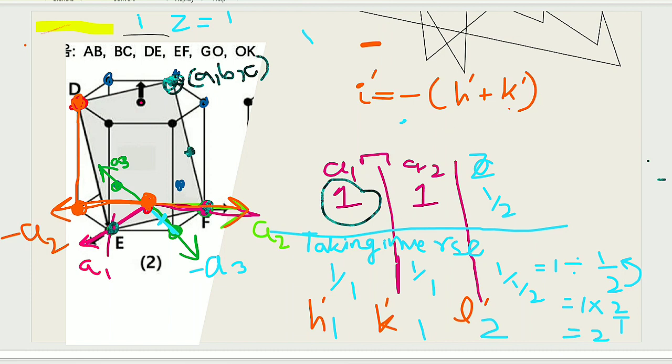Now putting the values into the expression in order to get the value of I prime, which is the 4th index, since now we are finding the Miller-Bravais indices.